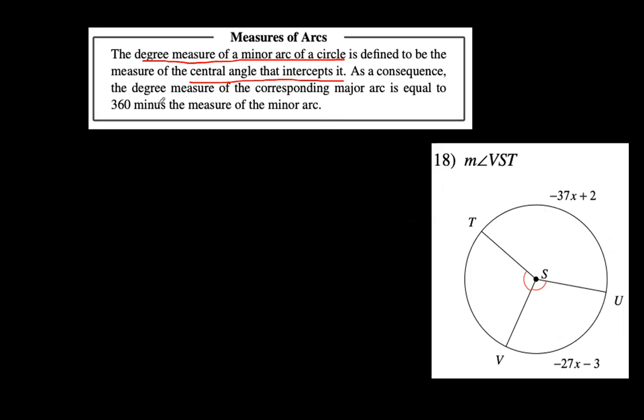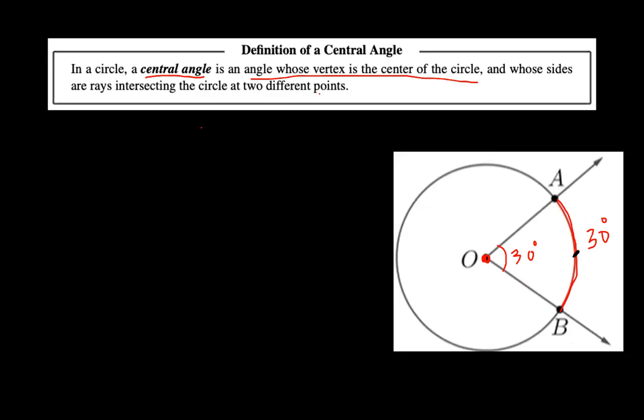As a consequence, the degree measure of the corresponding major arc is equal to 360 minus the measure of the minor arc. So if this is 30 degrees, the remaining arc, the major arc, is equal to 360 degrees minus the 30-degree measure, which is 330 degrees.